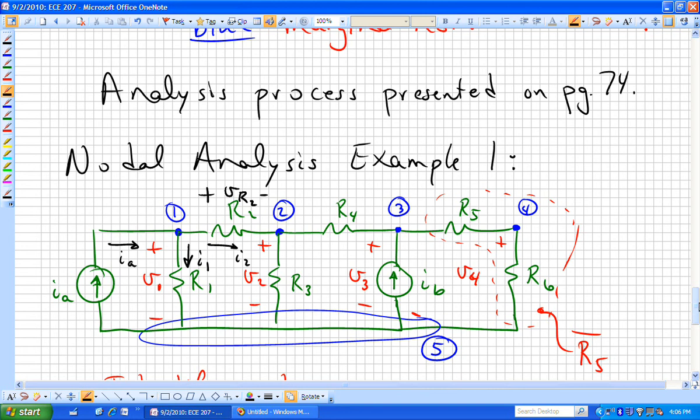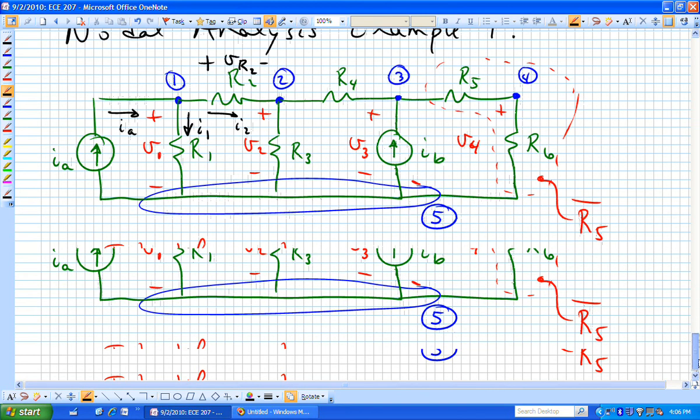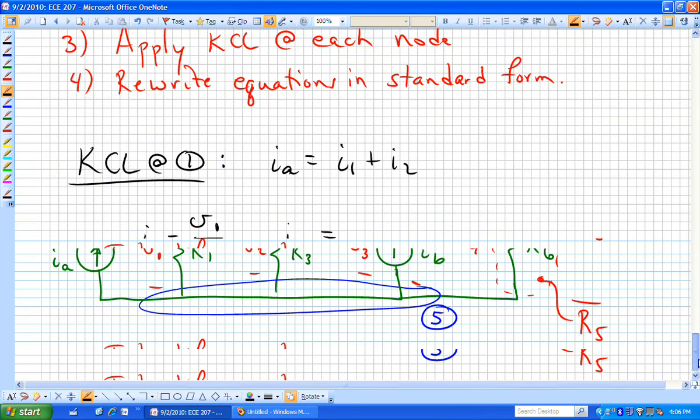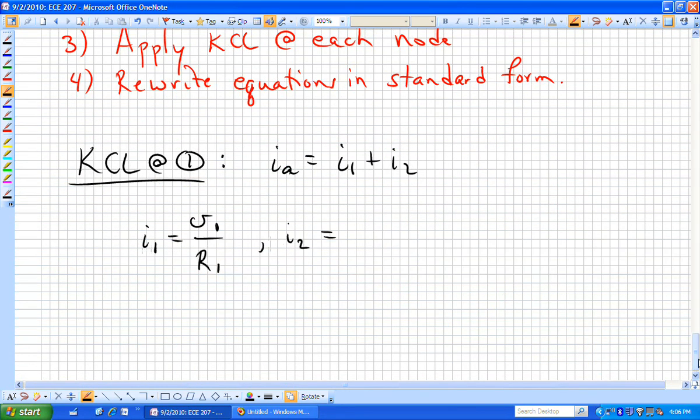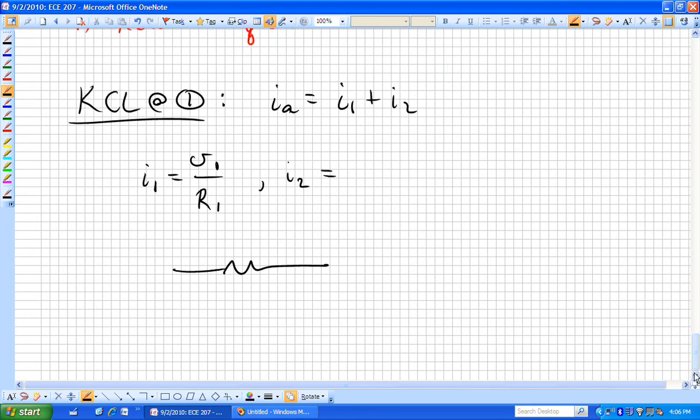Here's my circuit, sub-circuit. This node was V1. This node was V sub 2. This was R sub 2. Here is I sub 2.